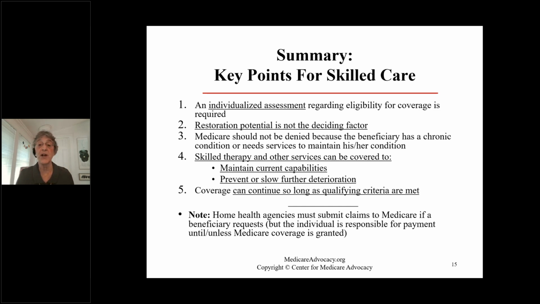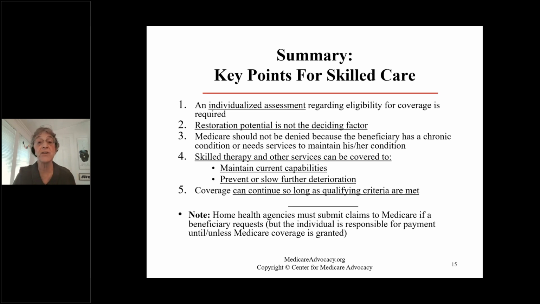Medicare coverage should never be denied because the individual has a chronic condition or needs services to maintain his or her condition. Skilled therapy and other services can be covered. I know I'm repeating this, but it's so important. I need to drum it into the ears of people who make Medicare decisions, because they so often get it wrong. Medicare is available to maintain current capabilities or to prevent or slow further deterioration.